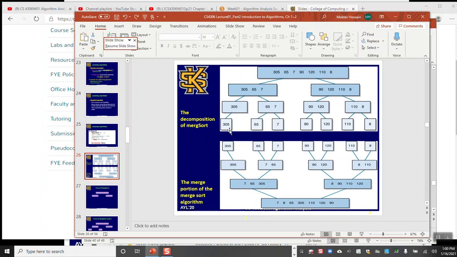It splits again. After this split, we will get only single element lists, right?